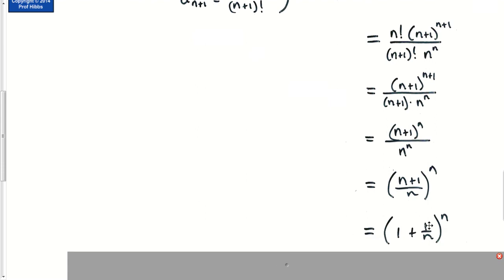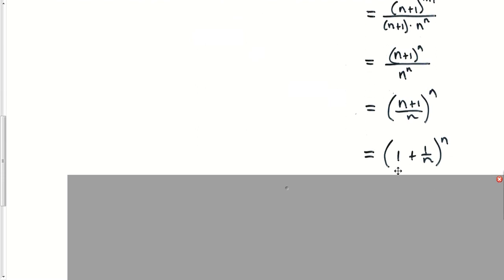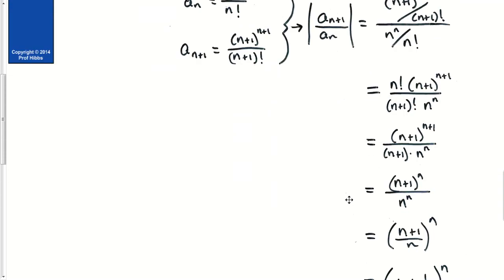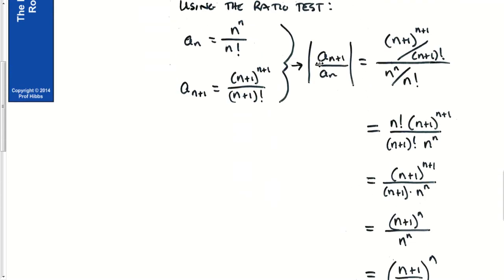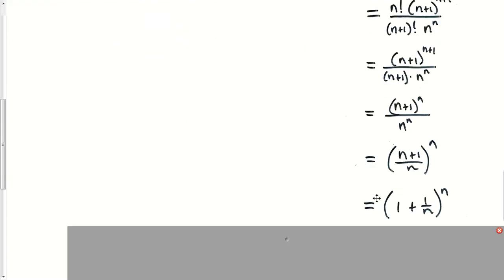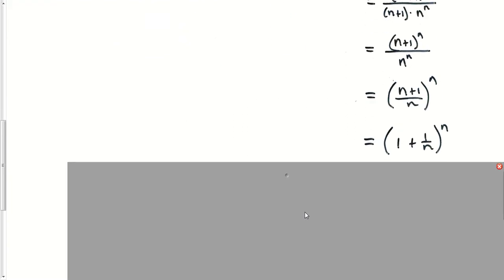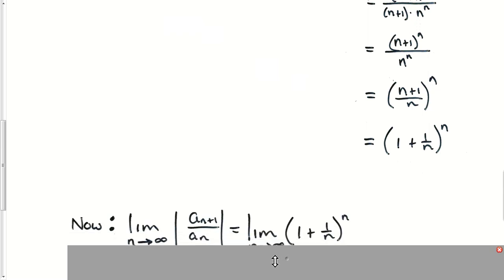And then if we look at this next step, we might not think of this, but n goes into n, and n goes into 1 over n. So we can break this into n over n plus 1 over n, which simplifies in this form. So what we really have, see, we haven't even taken the limit yet, but the absolute value of this fraction simplifies to the expression that we have right here. So that's what we take the limit of.